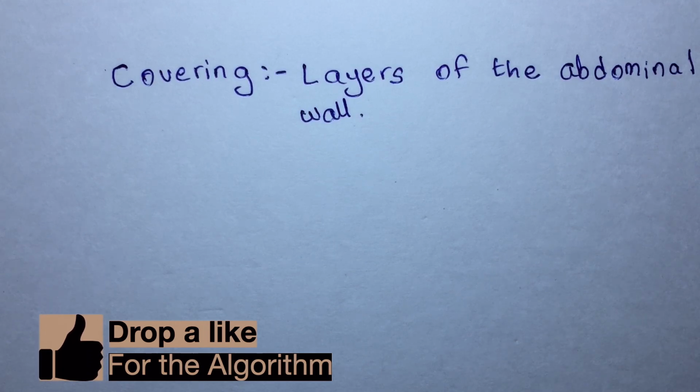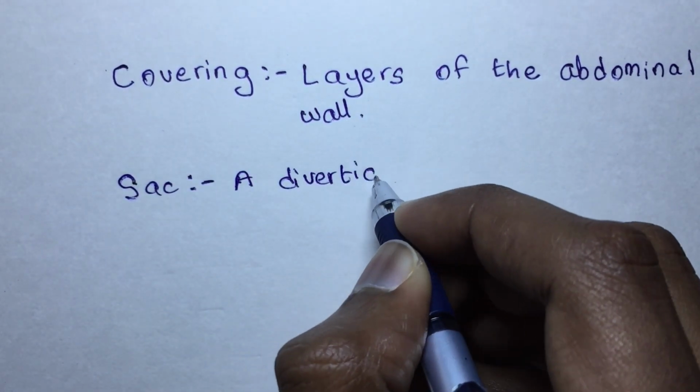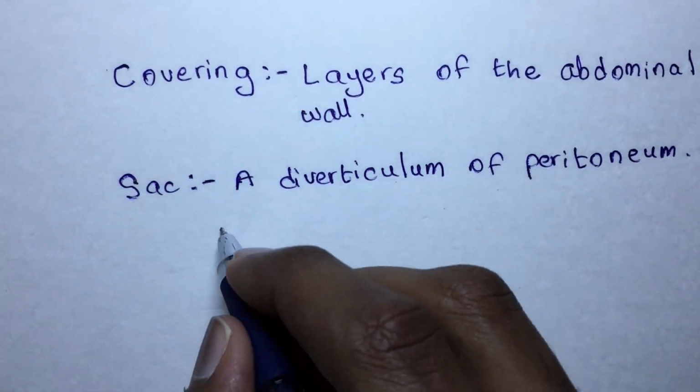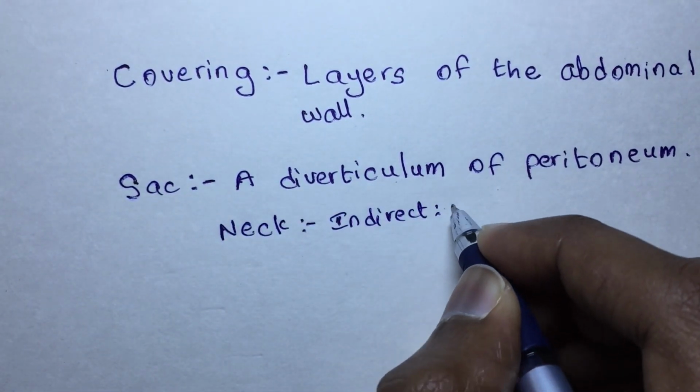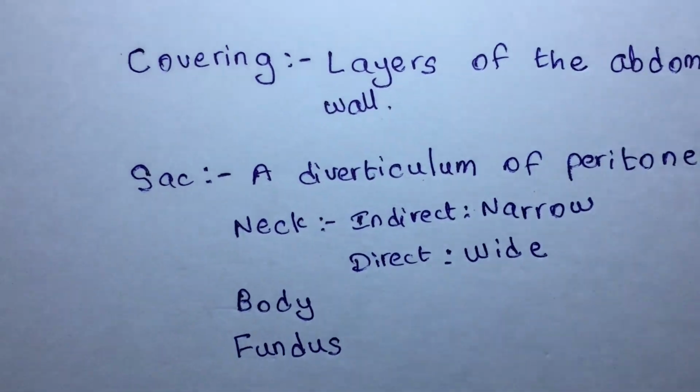The sac consists of neck, which is narrow in indirect and wide in direct, a body, and fundus. And now I will draw a diagram which will illustrate the various parts of the sac.